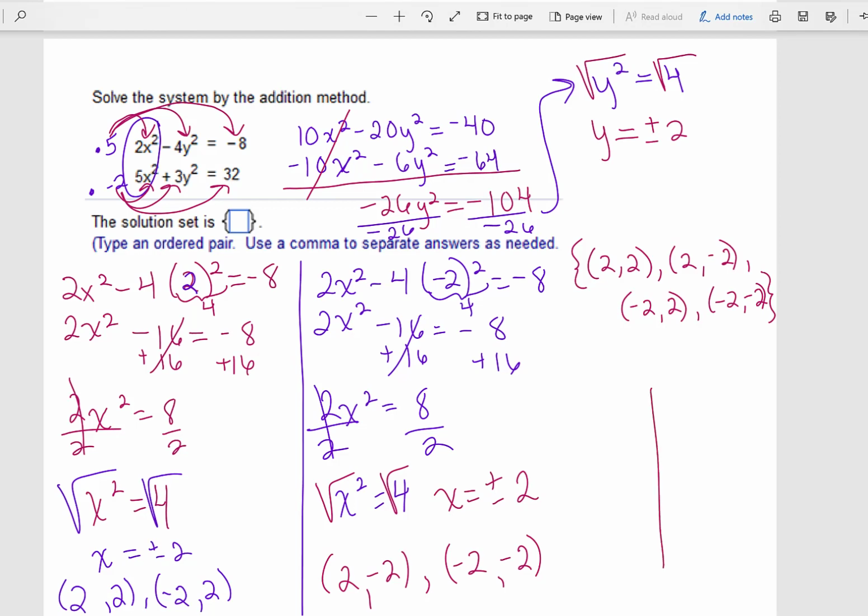But that means that on my graph, I have negative 2, oops, I put negative 2, 0 as one of the points. That's not one of the points. Negative 2, negative 2, positive 2, negative 2. Positive 2, positive 2, positive 2, negative 2. So that would be all the places that these two nonlinear equations intersect.